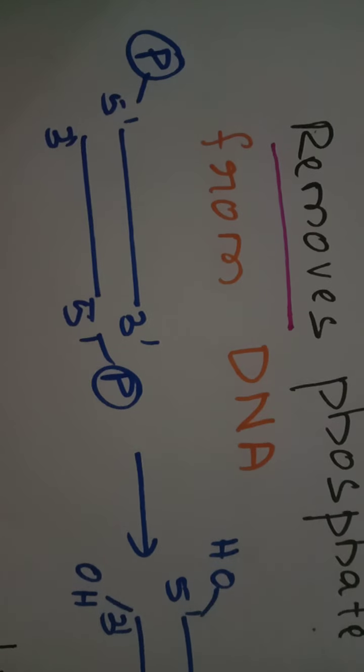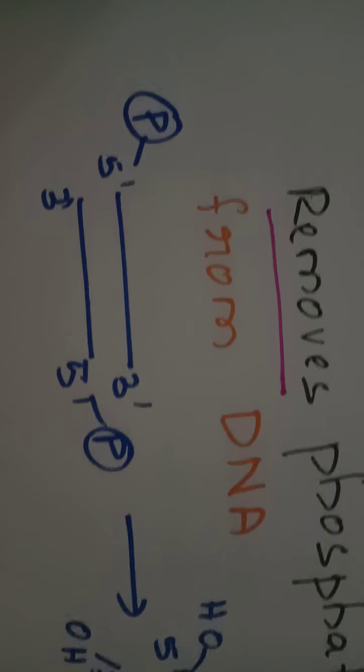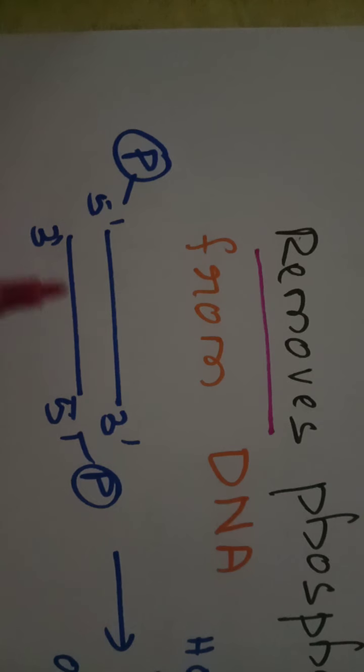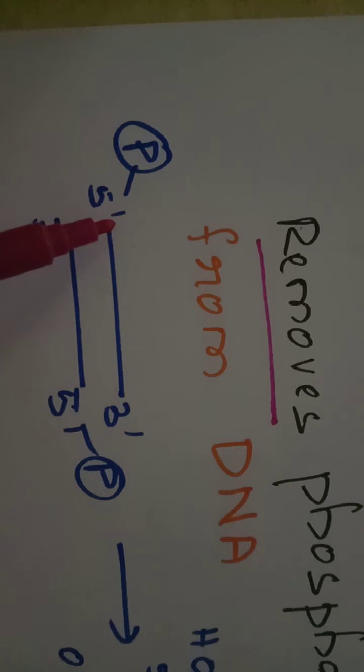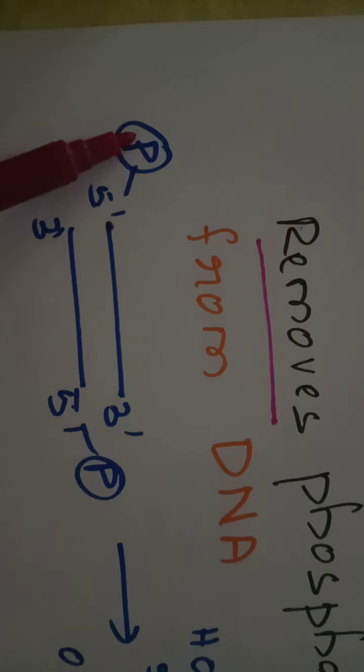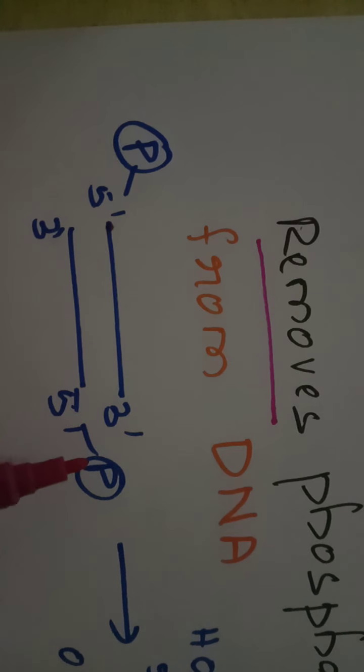For example, when we consider the two strands of DNA, we have a 5' end and a 3' end. The phosphate group is attached to the free 5' end of the DNA, at both ends.